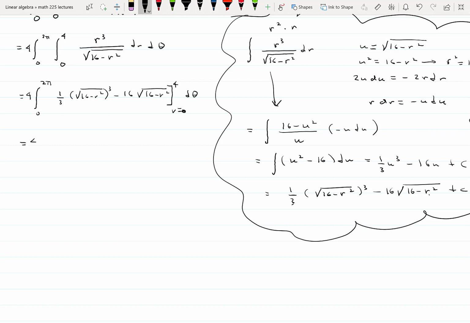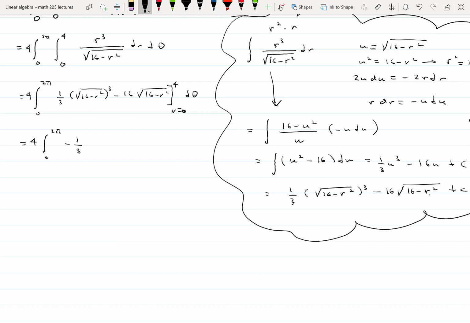Okay, so we'll speed this along a little bit. The integral's almost there. This is 4 times the integral from 0 to 2 pi. If I substitute 4 into the antiderivative, I get nothing, because 16 minus 4 squared is 0. If I substitute 0 and subtract, I'm going to get minus 1/3 times what? Well, if I put in 0, I'm going to take the square root of 16, which is 4. 4 cubed is 64.